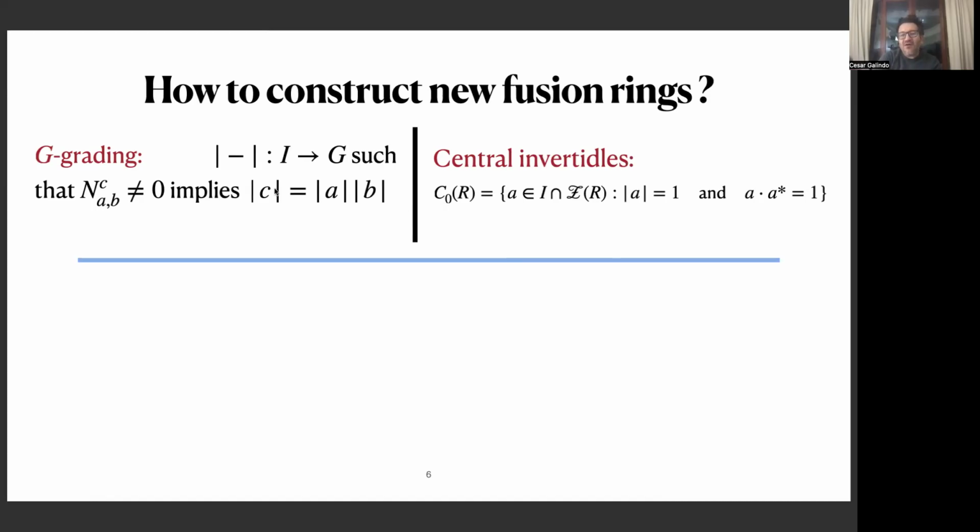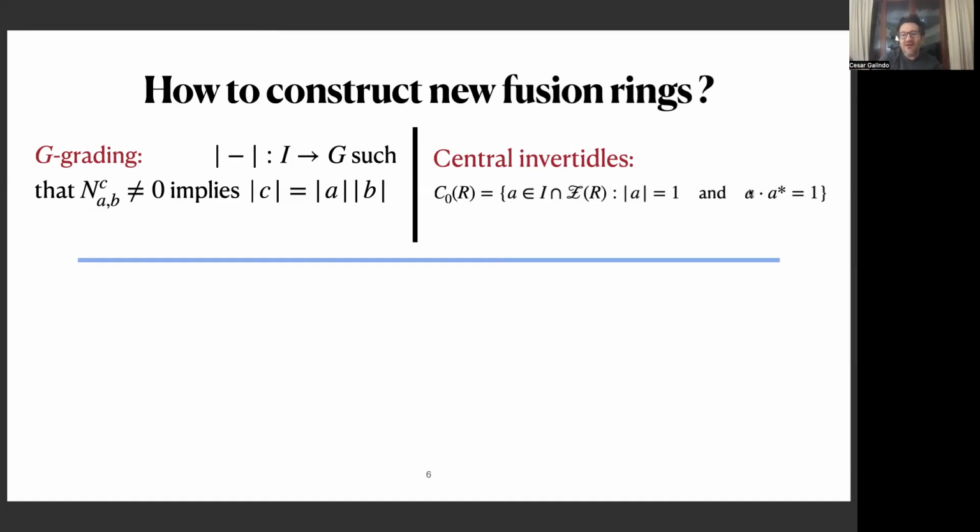Now the idea is, if we consider only those simple objects that are graded over the trivial element, the unit of the group G, in fact this is a fusion subring. So it's a subset that is closed under tensor product and also closed under the involution. And in this part, we can consider elements that are invertible.